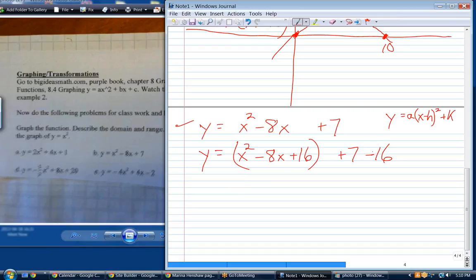I subtracted 16 to make it balanced, but the whole reason I'm completing the square is for a very specific reason. What is it? So that I can express this in this format right there. So what is it?